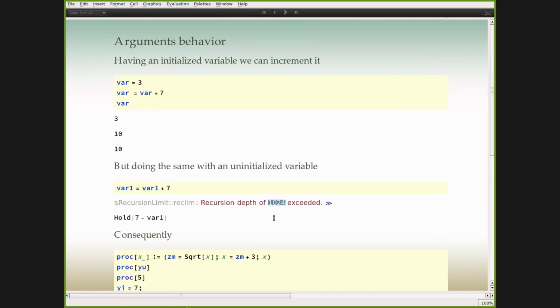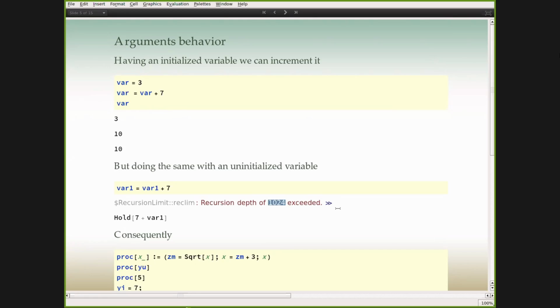As you can see, it is set to 1024 in this case. So if there is some computation which needs recursion of larger depth, and you know that this is the computation intended to be performed, you have to increase this recursion limit parameter.